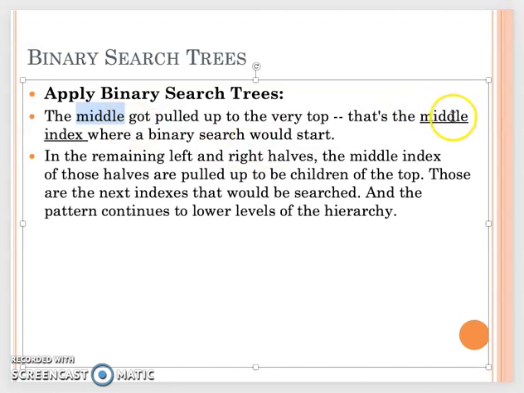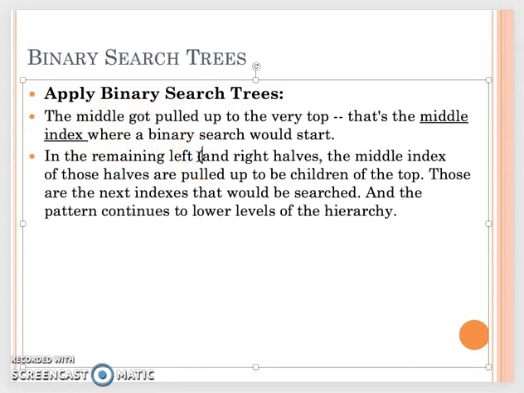Right, so we can calculate the middle index according to our index value. So that's where we start searching. This middle value helps us to go to the left or right half. So if your target value is smaller than your middle value, then we need to go to the left-hand side.